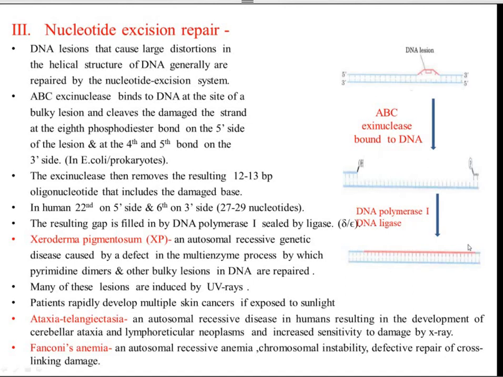So a big chunk of the nucleotide is excised and then repair takes place. In base excision, we are not disturbing the backbone structure. In nucleotide excision, the backbone structure of the DNA is also disturbed, and a chunk of the molecule is removed, and then repair takes place with the help of DNA polymerase and DNA ligase.